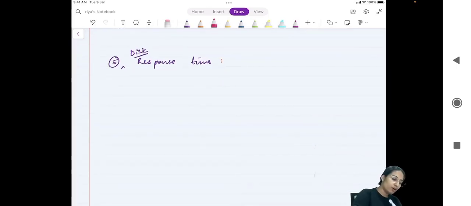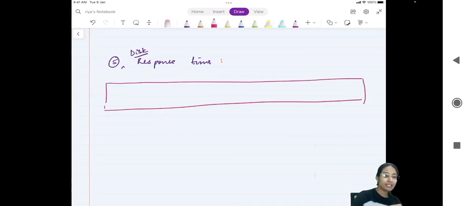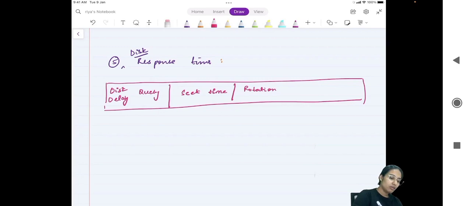So the process is usually like this. You first have a disk delay, because the controller can only take up one request, so there's a lot of queuing happening. After that, once you are given the time to get processed, you have a seek time. Then you have some rotational latency, and after that you have the transfer time.